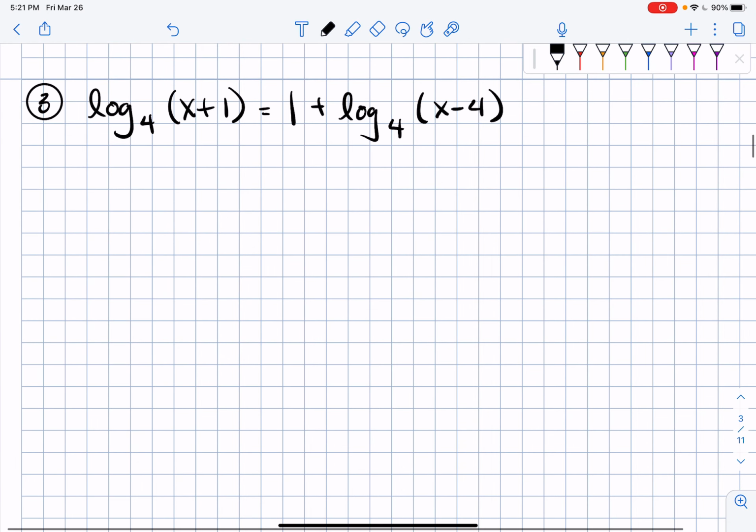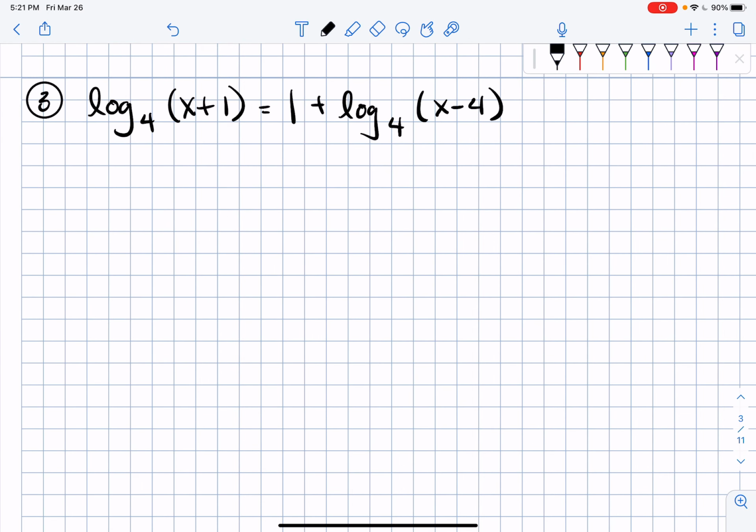Choice 3. I see a bunch of log base 4, and typically when I have an equation where the x's are split to both sides, I like the x's all on one side. Same thing with the logs. In this case, the logs and the x's are scattered on both sides, so let's bring them all to the left side.